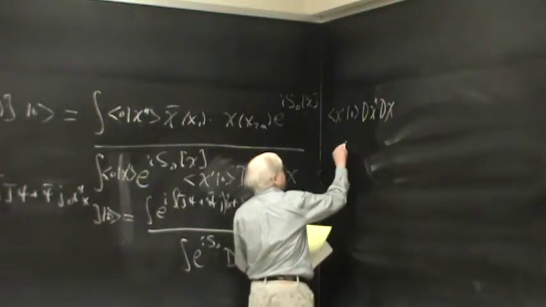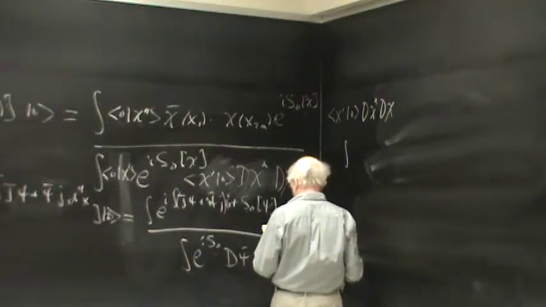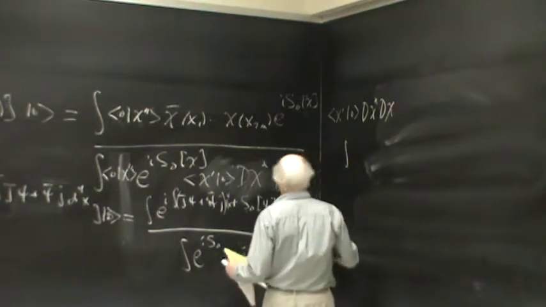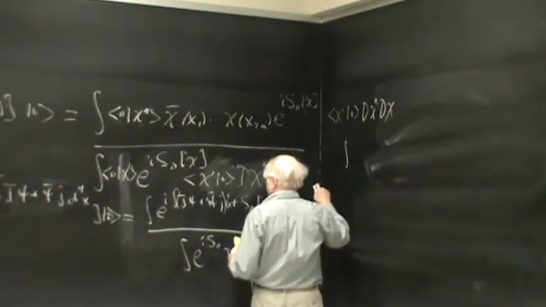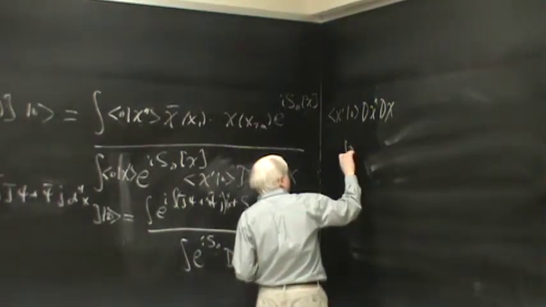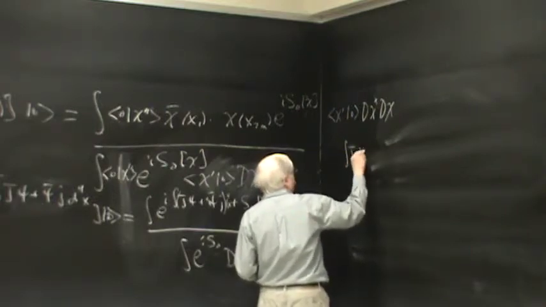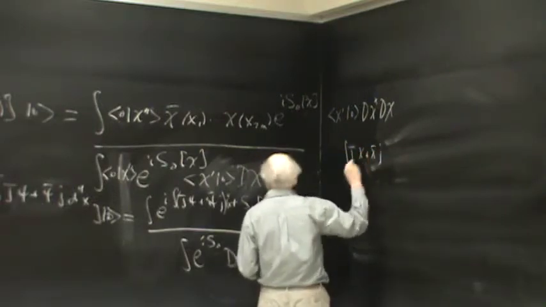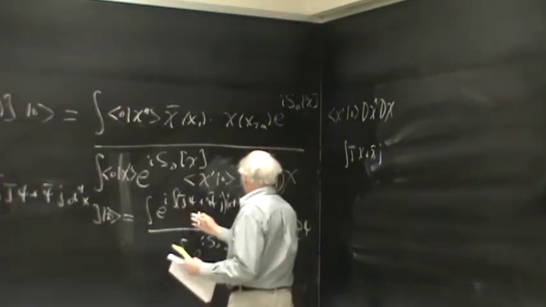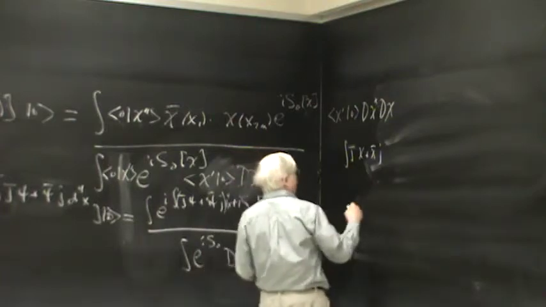So what we've got here is an integral of, let us say, j bar chi plus chi bar j. So I'm pulling out the I, and then there'd be an I S0, so I can pull out all the I's.